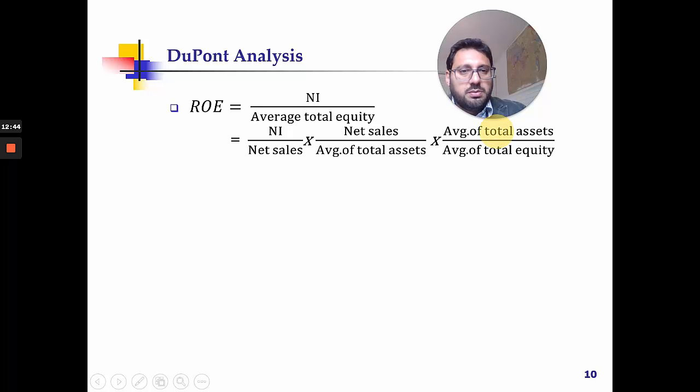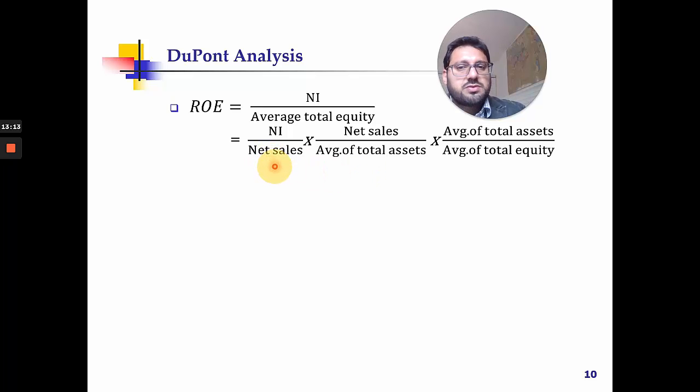So in the numerator, total assets can cancel with the total asset in the denominator. Likewise, the net sales in the numerator will get cancelled with the net sales in the denominator. All we will be left with is net income in the numerator and the average of the total equity in the denominator. So it means that ROE can be increased based on these three ratios as well.